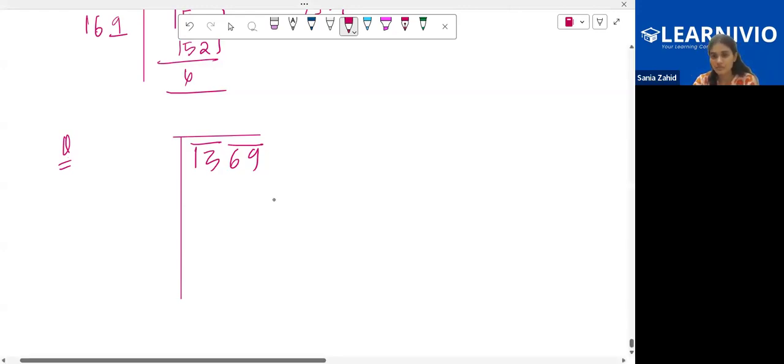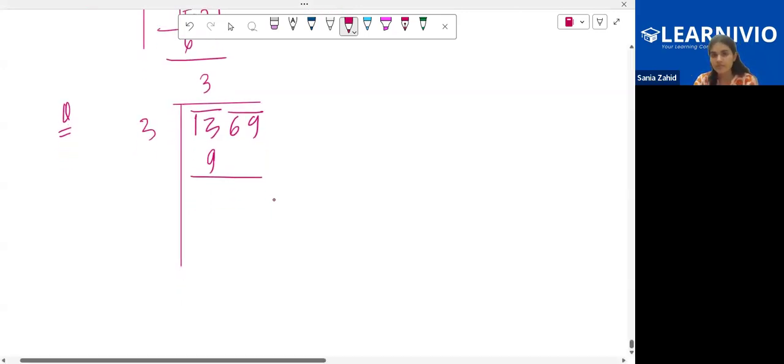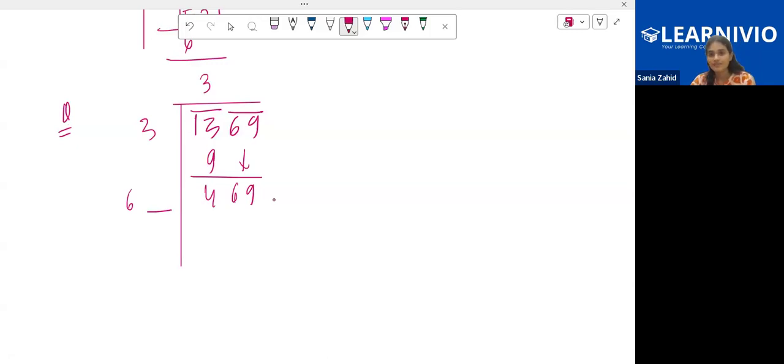So the lowest square number below 13 is 9. Okay. So we write 3, 9. Then the remainder is 4. Drop down 69. Then double 3 is 6.